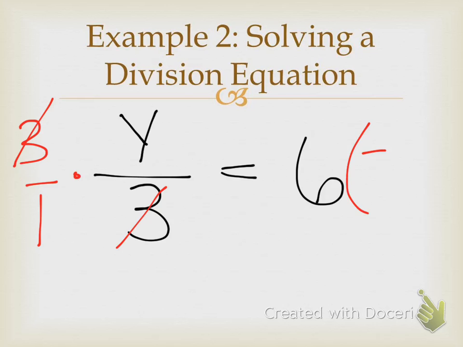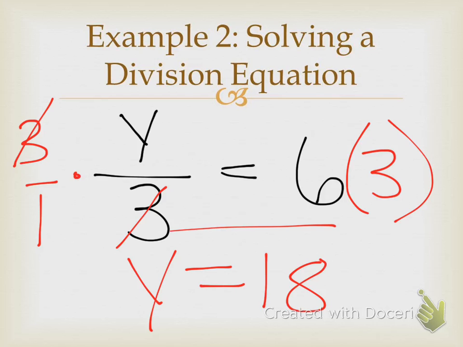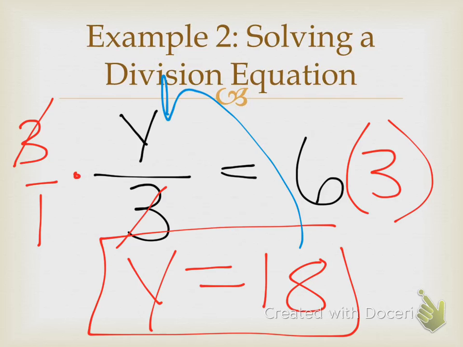Cancel out my 3's. And Connor, y equals 18. Final answer. Now, I can check it by plugging it back in. Is it true that 18 divided by 3 is 6? Yes, it is. So it checks out. So, what is the key to remember here? I need to multiply by the reciprocal.